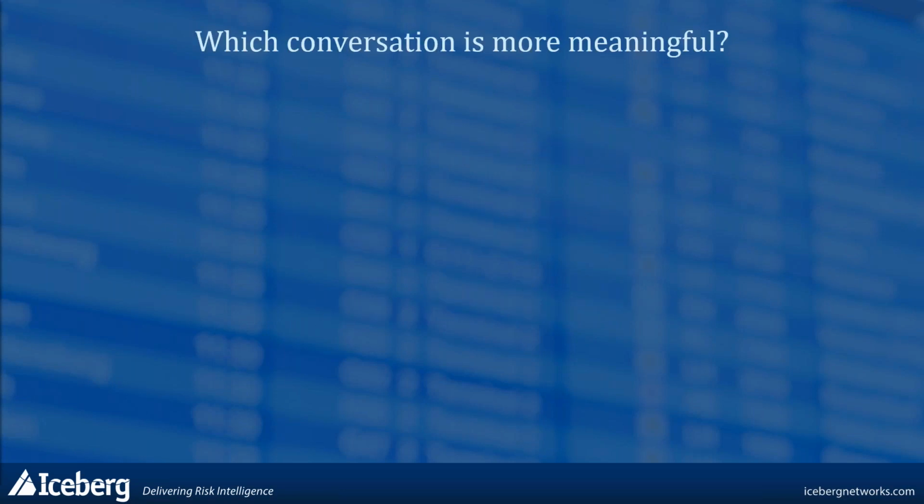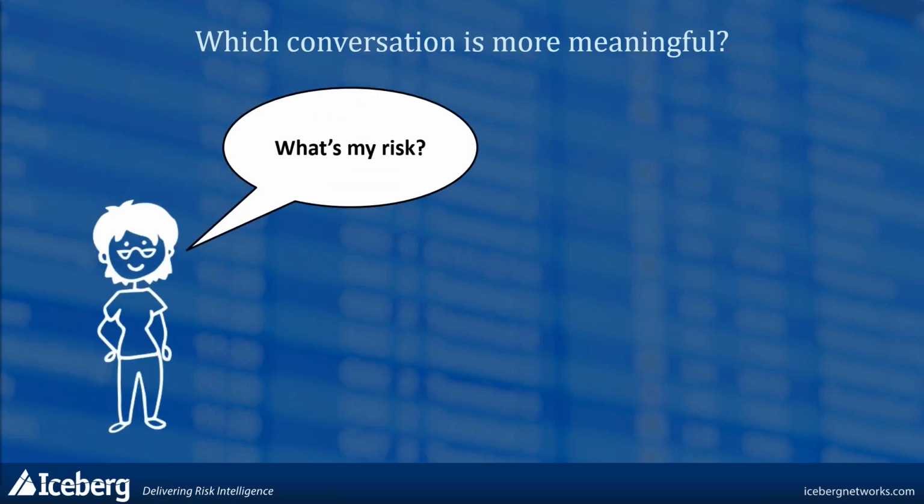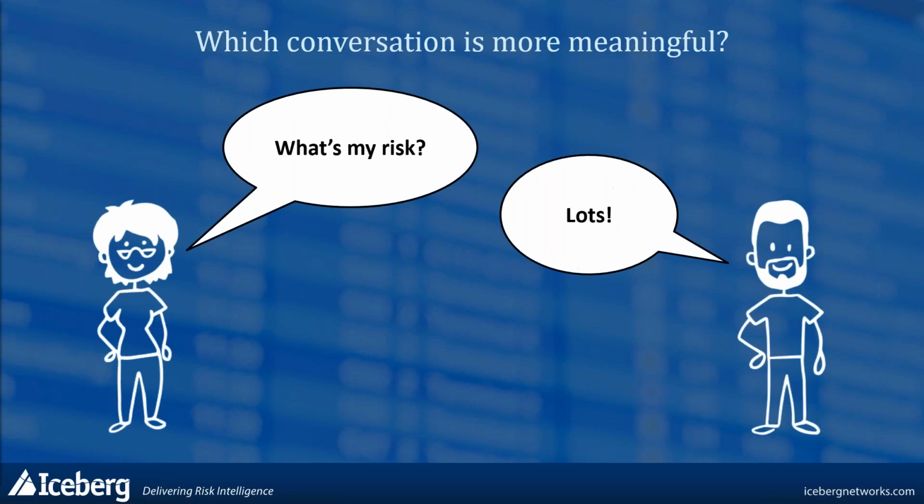Let's consider a scenario where a senior executive is trying to understand her risk for a critical business process within her department, one which supports, for example, high net worth accounts. She is being asked to approve budget to make changes to one of the processes to improve the recovery time capability. When she asks, "What's my risk?" her business continuity practitioner informs her it's lots.